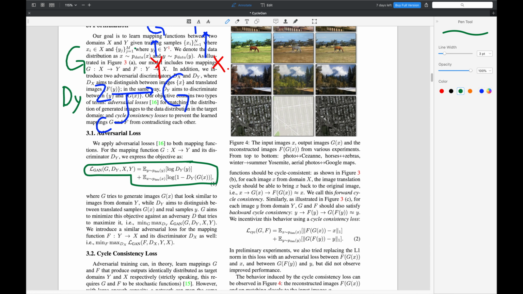The same goes for F, which also has a GAN loss and a discriminator dx, which discriminates whether the output produced by F looks like a real image or a fake image. The GAN loss for G and dy and the GAN loss for F and dx are used simultaneously in the final loss function.